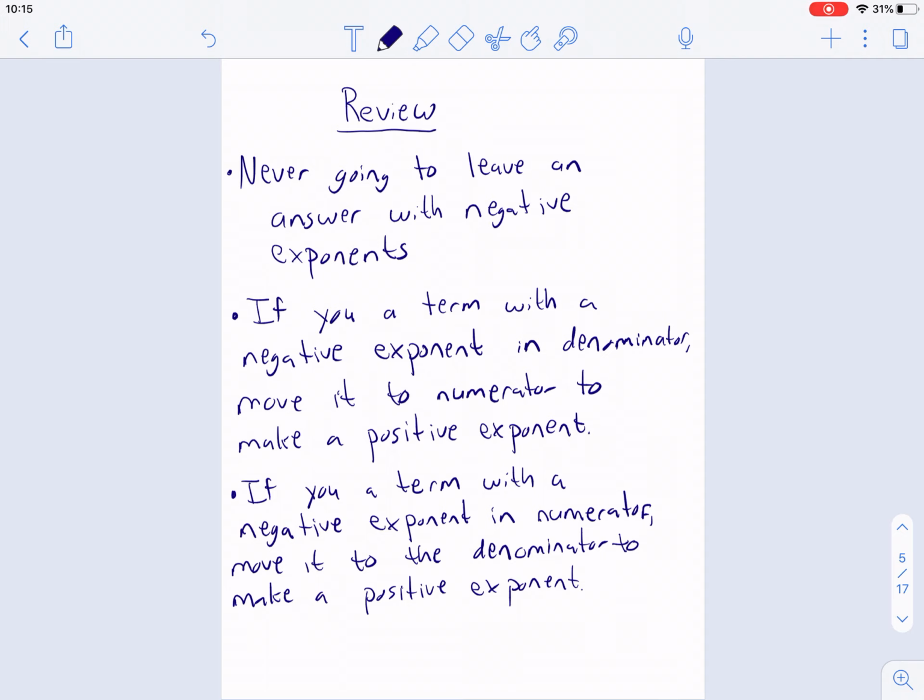And lastly, any number or term or variable or expression to the 0 power equals 1. In every case, no matter what it is, anything raised to the 0 power will be equal to 1.